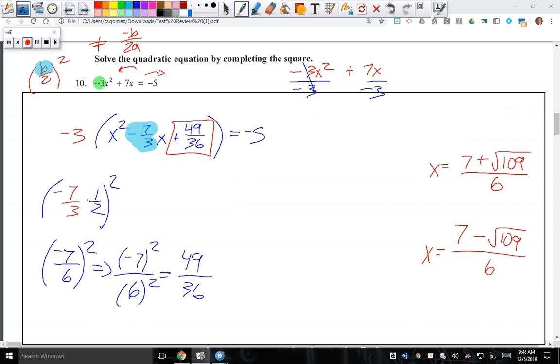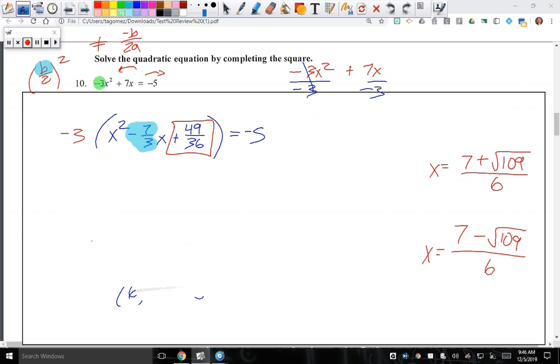But what I'm going to be looking at on the key, or on your test when I'm grading it, is how much did you end up adding or subtracting to the other side? Okay? Am I going to add 49 over 36? I'm not. The reason why is because this is not a 1.